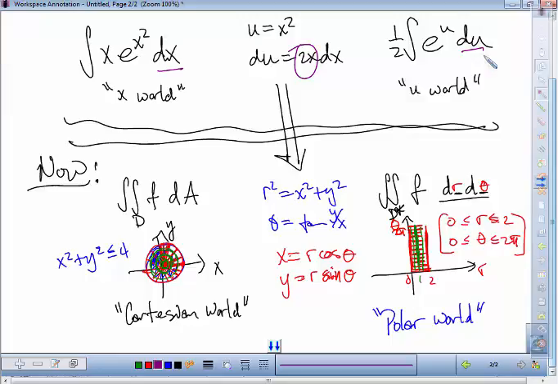We take the derivative of something, and then you come out with this extra differential. So this is an extra integrating factor that we need to worry about.